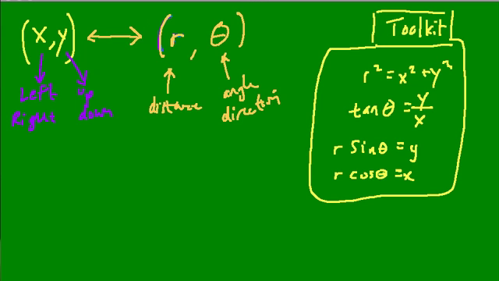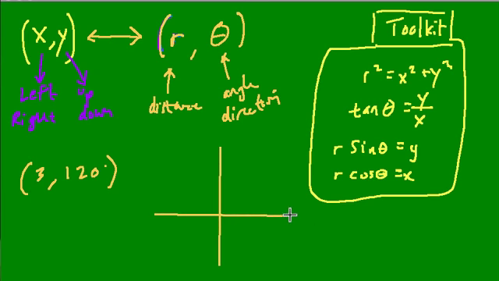And we can look at a couple of examples. What if we had the polar coordinate, I don't know, 3, and then 120 degrees? Well, what is this? Let's get some intuition on that. This is telling us that we are going a distance of 3, right? Let's say this is 3, and we're going at 120 degrees.